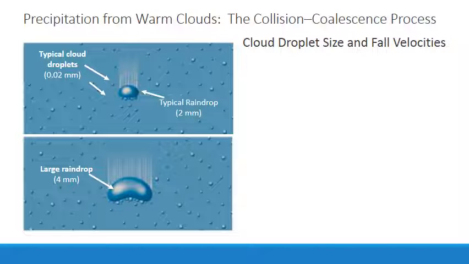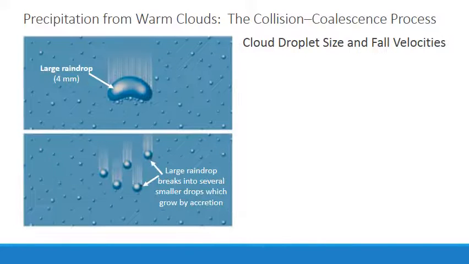As a drop approaches 4 millimeters in diameter, it starts to develop a depression like the one shown here. Raindrops can grow to a maximum of about 5 millimeters, 2 inches, when they fall at the rate of 33 kilometers or about 20 miles per hour.